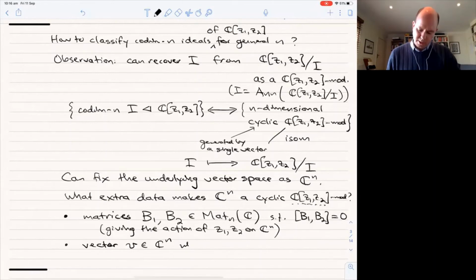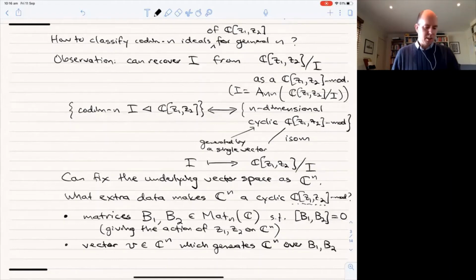which generates Cn over these matrices, these linear transformations B1 and B2.